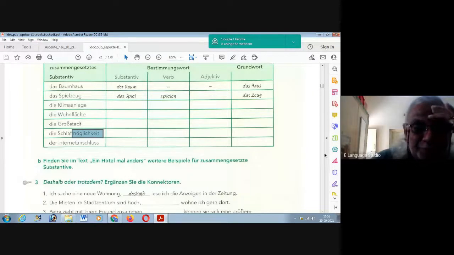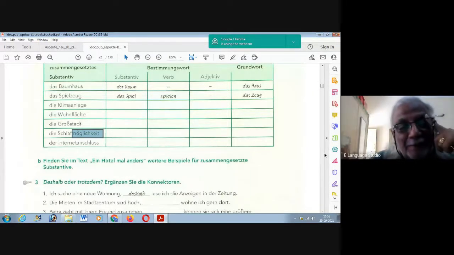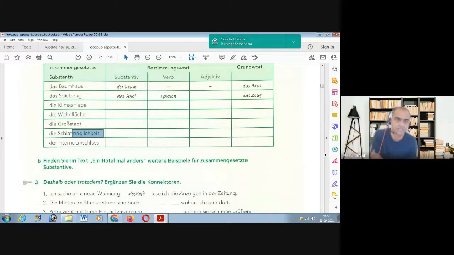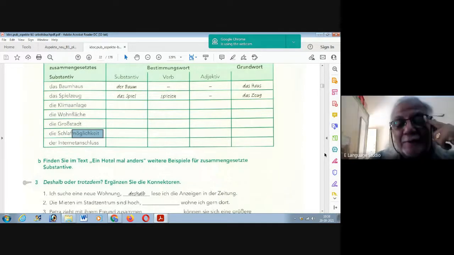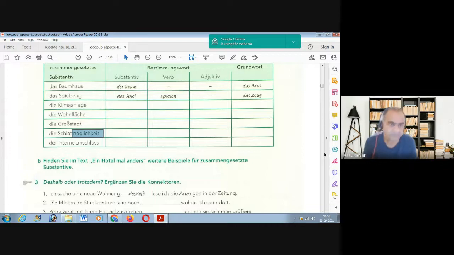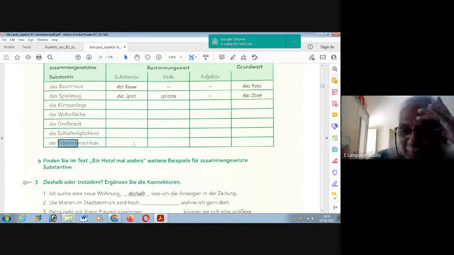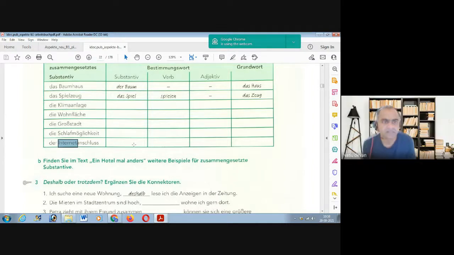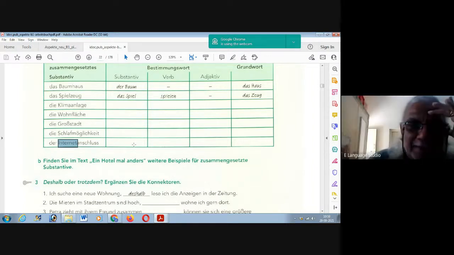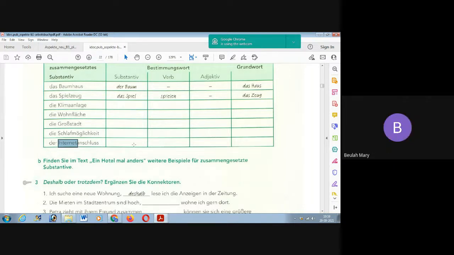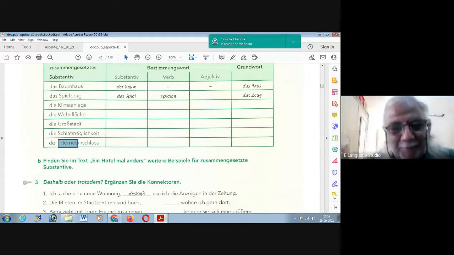Internetanschluss. Grundwort is der Anschluss. And the substantive is the internet. The article? Der Internet? Oh, moment, no, that is false. Das Internet. Third guess is always right. Verb?